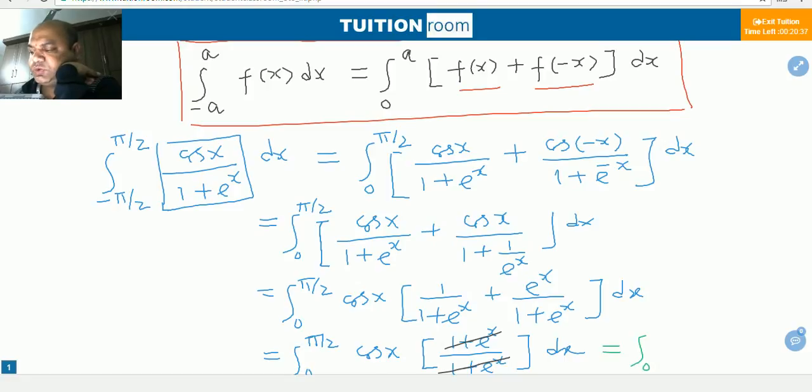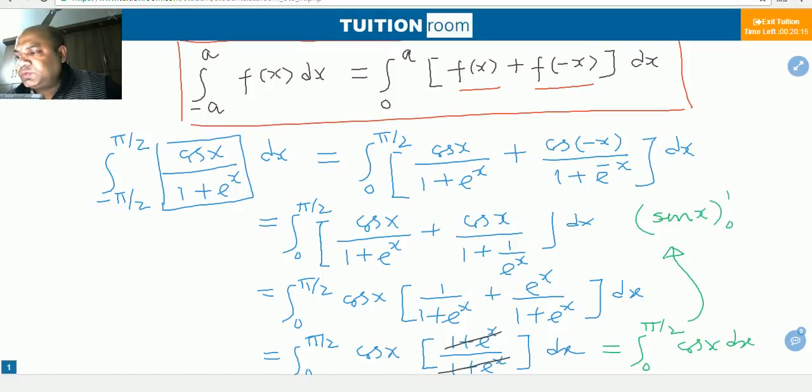Now guys, I am going to proceed to the next question. We have to find the value of the integral from minus 1 to 1 of root over 1 plus x square minus root over 1 minus x plus x square, then dx.